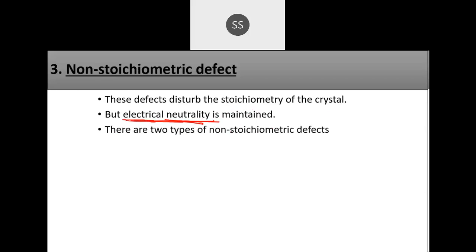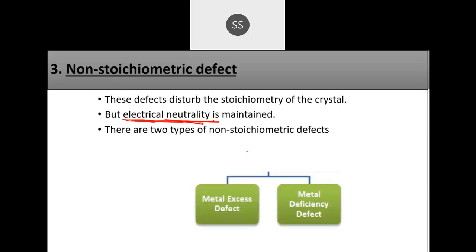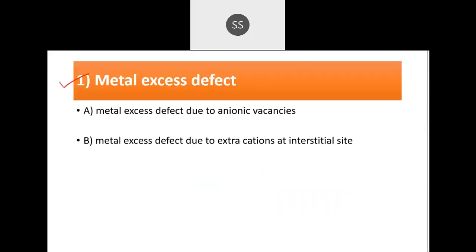And again, this non-stoichiometric defect is of two kinds. One is metal excess defect and the other is metal deficiency defect. Either metals are large in number or metals are fewer compared to the anions. Let me go for the first one, the metal excess defect.